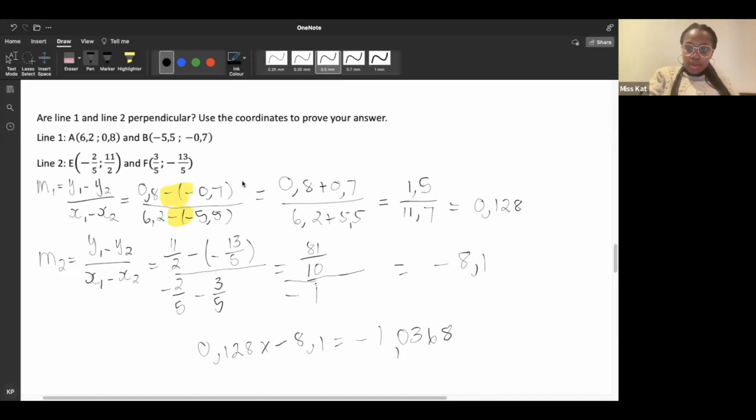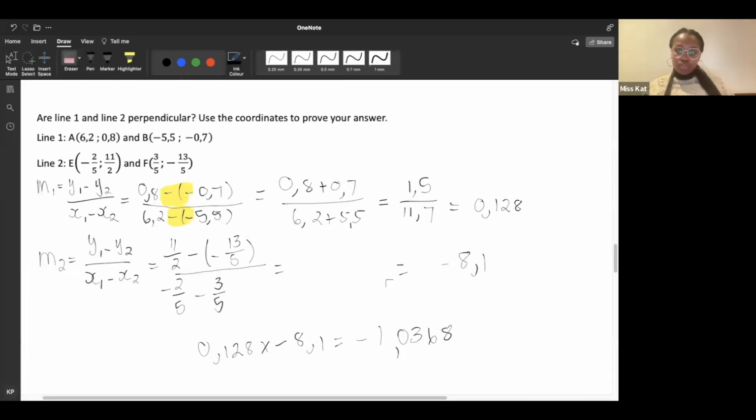In line 2, it was kind of confusing. Okay, you understand the formula, right? And then we substituted. Okay, let me do this.